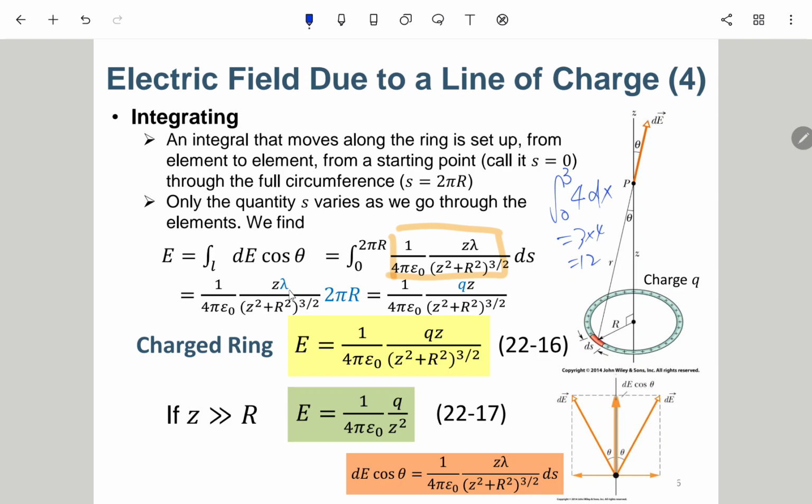Okay, so finally we can do some simplification. Just now we assumed that the linear charge density is lambda.